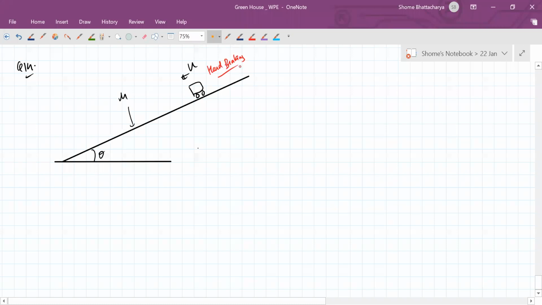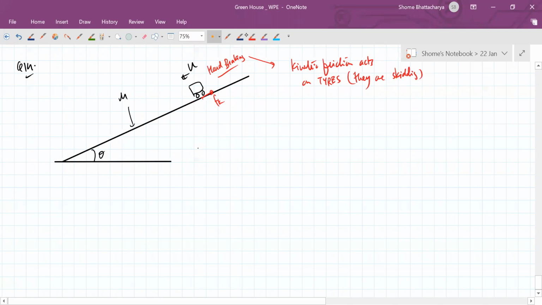so it means the wheels are slipping, they're skidding on the surface. So there'll be kinetic friction acting. So hard braking means that kinetic friction acts on the tires because they're skidding. Okay.